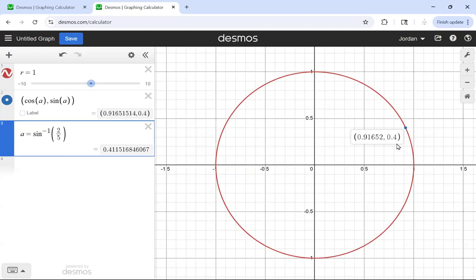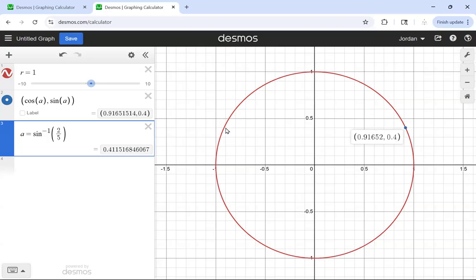So that 0.4 there is 2/5. The other point that has the same y value or the same sine is going to be this point over here, about right here, which I can find by taking pi and then minus the angle that I just found. So the angle is about 0.4115 radians, and it gives me a sine value of 2/5 or 0.4.